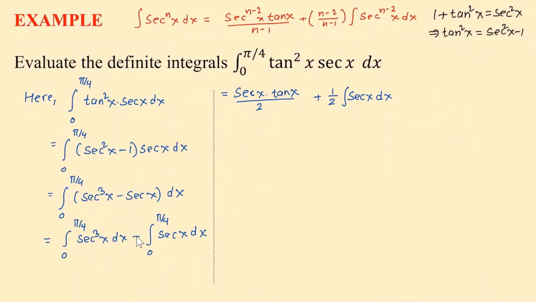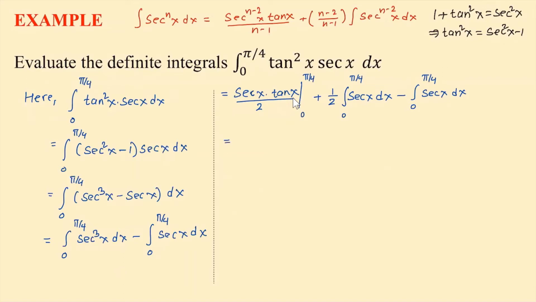Then we have minus the integration from 0 through pi over 4 of secant x dx. Let's write the proper limits of integration. Here it is also the integration from 0 up to pi over 4. And the first one is already integrated.